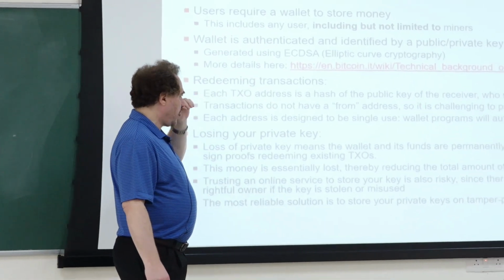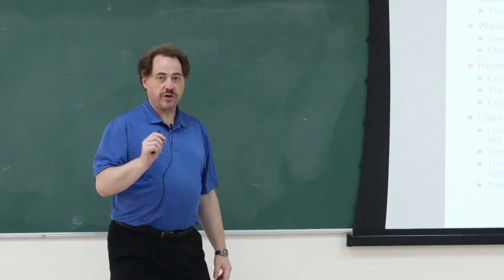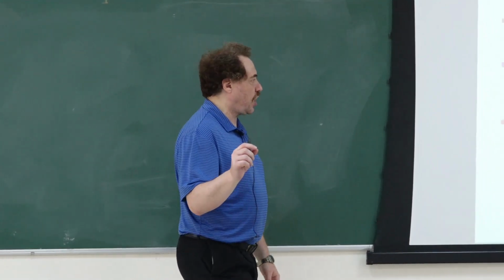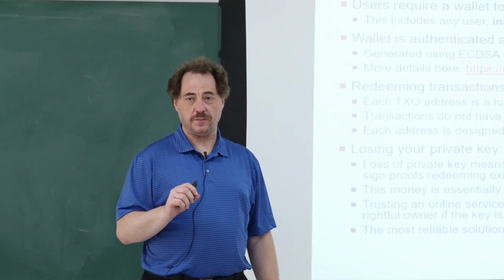Each transactional address, and that's important, so what is an address of Alice? Each transactional address is a hash of the public key of the receiver.